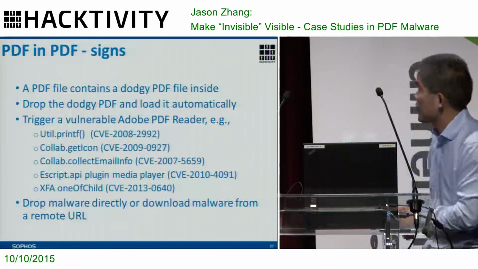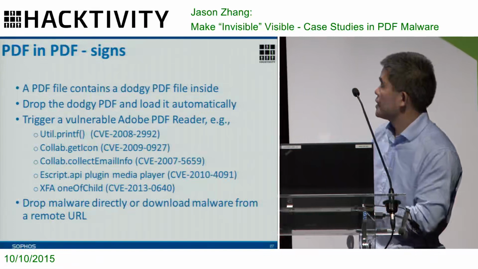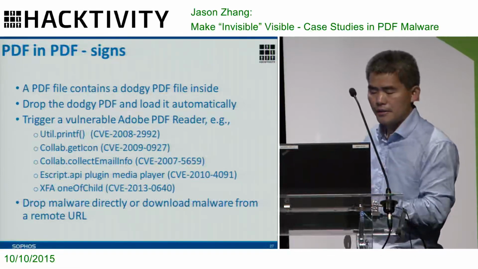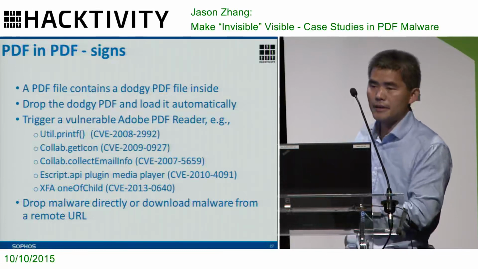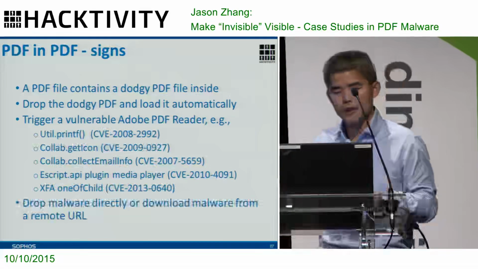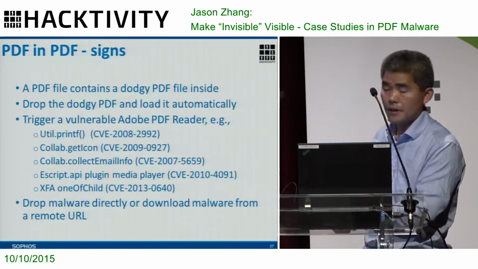Let's start talking about the PDF-in-PDF file. The typical sign here is a normal PDF file which contains a dodgy PDF file embedded in an object of the main PDF file. Once you open it, it will drop this dodgy PDF file and load it automatically.